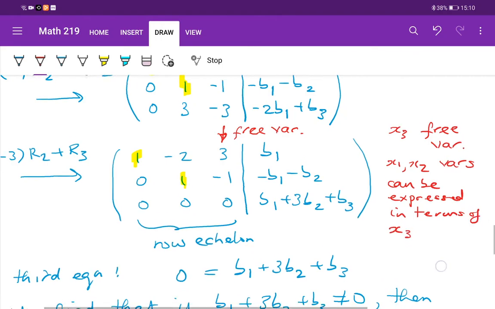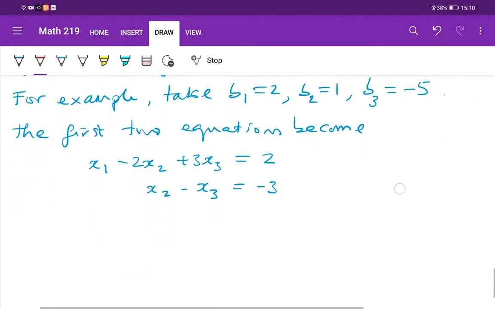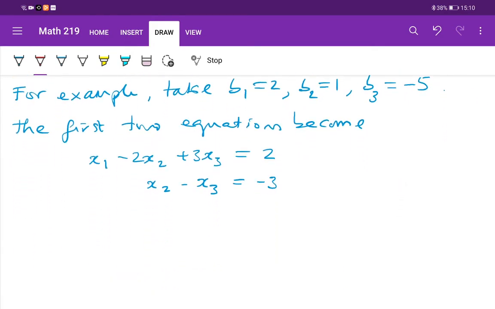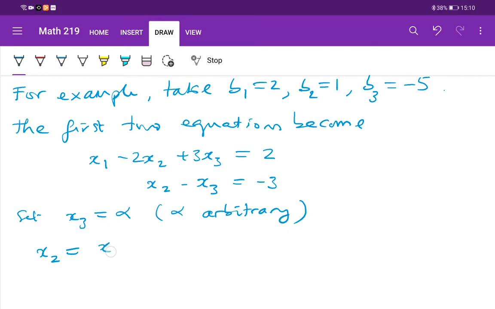So let's go back to these equations. x3 is a free variable, so let's set x3 equals alpha, where alpha is arbitrary. The second equation tells us that x2 is equal to x3 minus 3, so this is alpha minus 3.